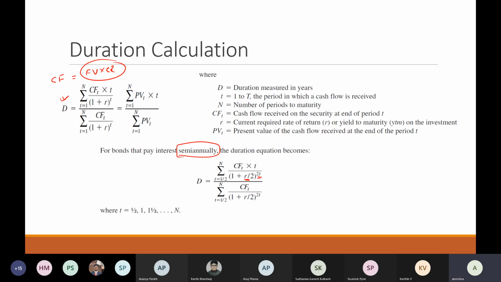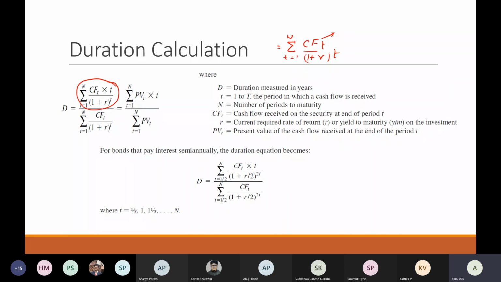So let's first see the formula. In the numerator, if you remember, for a particular bond, sigma CFt upon (1 plus R) to the power t, t equal to 1 to N. And remember, cash flow is how much payment you will get.